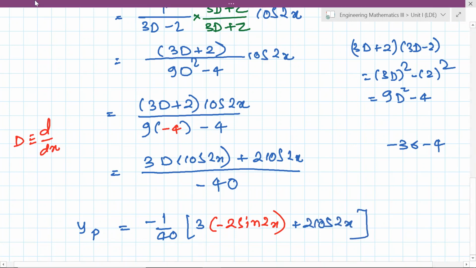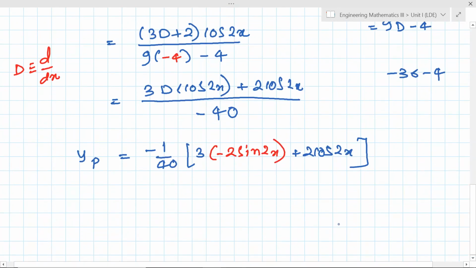So just revise all those results: derivative, integration, trigonometry. These three basic results are important. The final answer is multiplied by minus, so this is 1 upon 40 in bracket 3 2s are 6, minus minus plus 6 sine of 2x, and minus plus minus 2 cos of 2x.